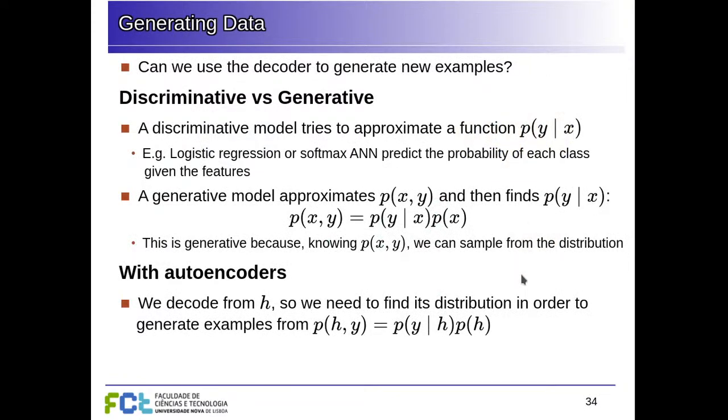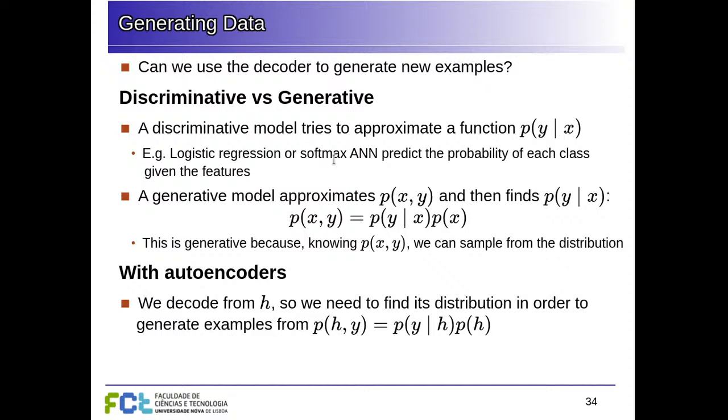However, there is a difference here with the discriminative model, which tries to approximate a function that is a conditional probability, some output conditioned on the input. This is what we do, for example, when we use a neural network classifier to try to predict the class of an example.